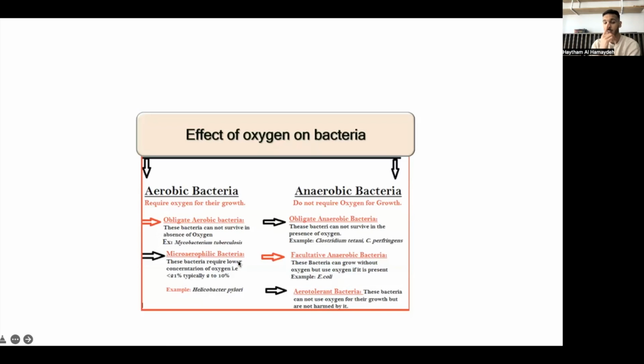Microaerophilic bacteria require a lower concentration of oxygen. Facultative anaerobic bacteria can grow without oxygen, but can also use it if it's present. And aerotolerant bacteria cannot use oxygen for growth, but they're not harmed by it. Oxygen may be present, they don't need it, and they can still grow.